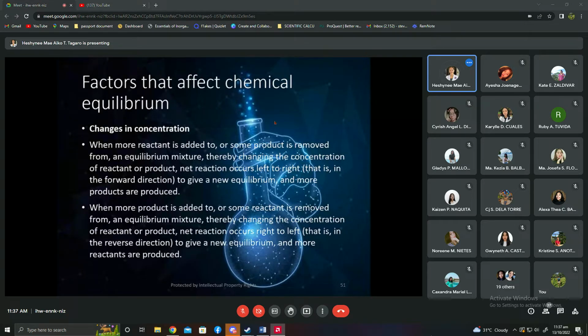Analyze. If you add a reactant or remove a product, in which direction will the system shift to counteract the addition of the reactant and the removal of the product?